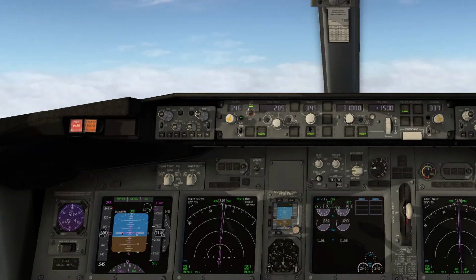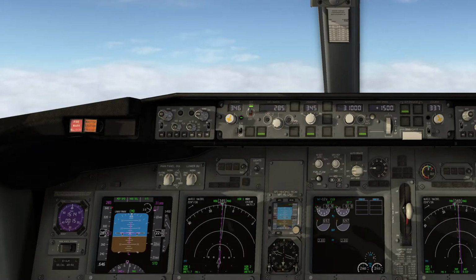So our next waypoint will be Kilo Uniform Kilo India Romeo, KUKIR, on the Mike Romeo Mike 346 radial, 82 nautical miles.